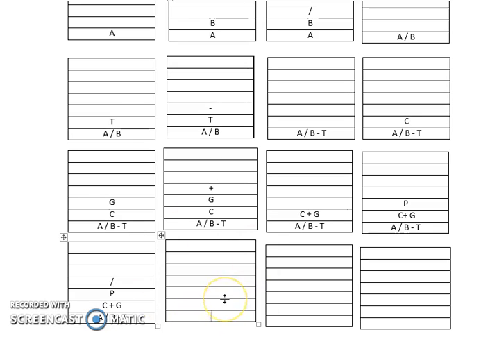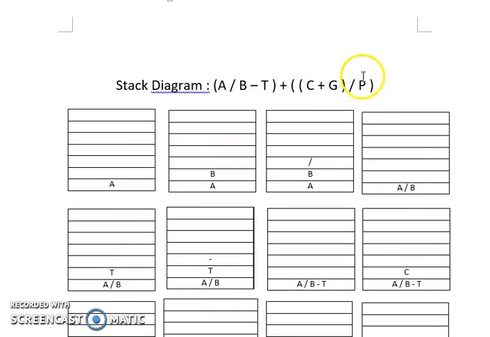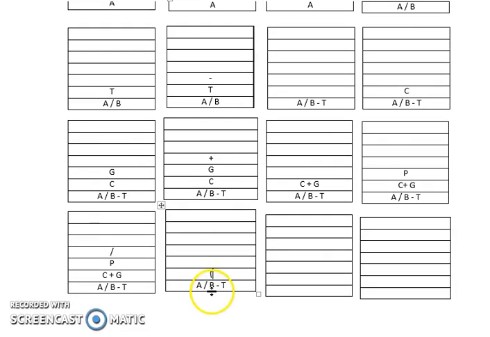So we write out complete into a term. Because we have the bracket, so we want to follow up the equation here. So C plus G.